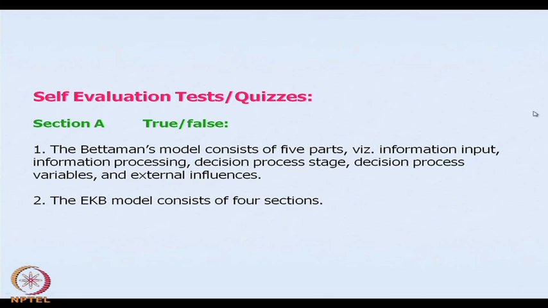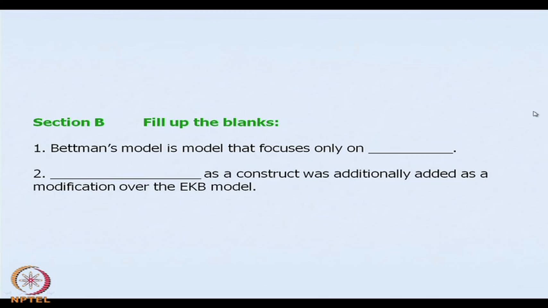We move to the next question, which is fill in the blanks. Question number 1, Bettman's model is a model that focuses only on dash. So, the answer is it focuses only on information processing. Question number 2, dash as a construct was additionally added as a modification over the EKB model. So, divestment as a construct was additionally added as a modification over the EKB model.